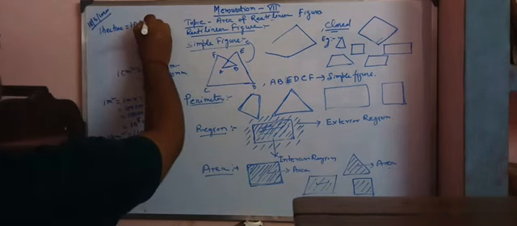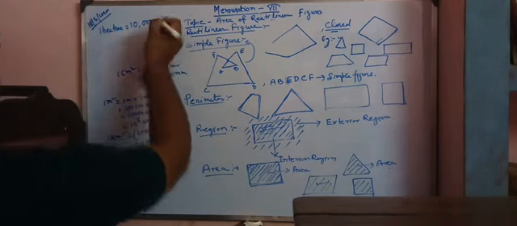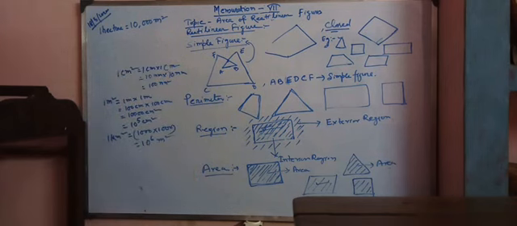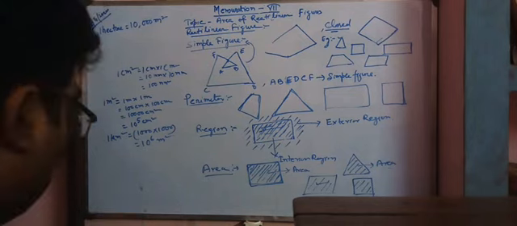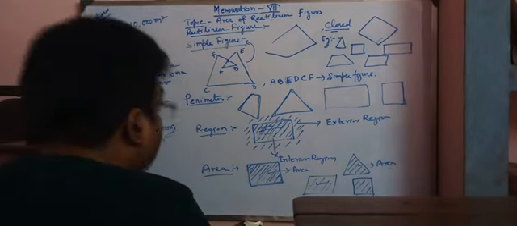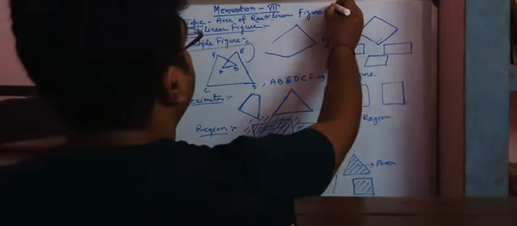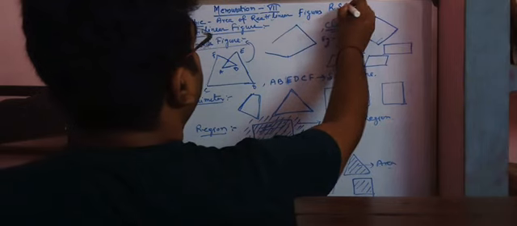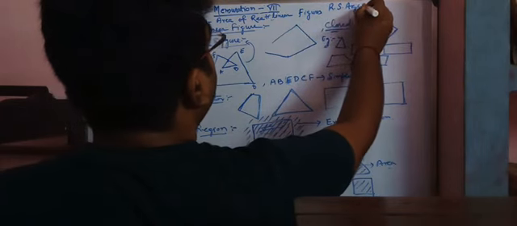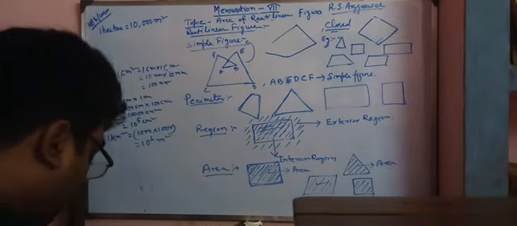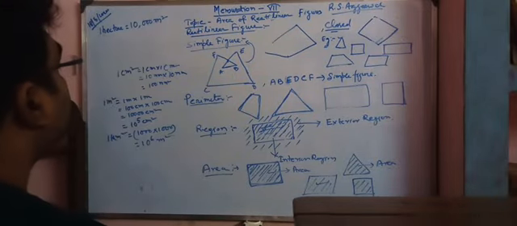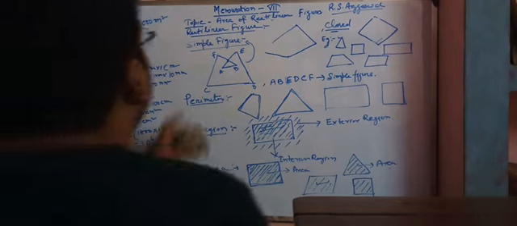You have to remember this. So these are the basic conversions of area. I suggest you should learn from your book, R.S. Agarwal. It is given in the R.S. Agarwal book. Now let's quickly come to the formulas.